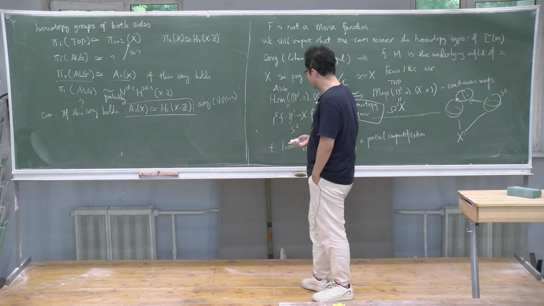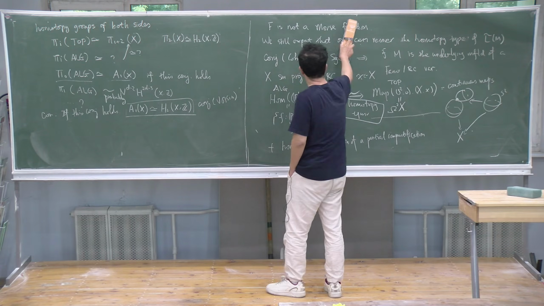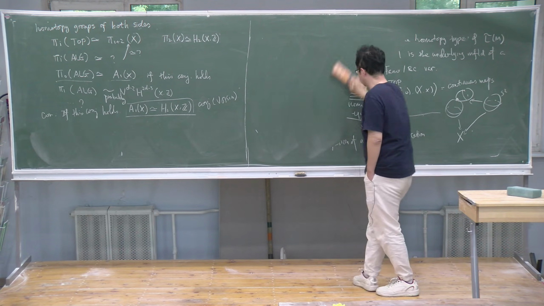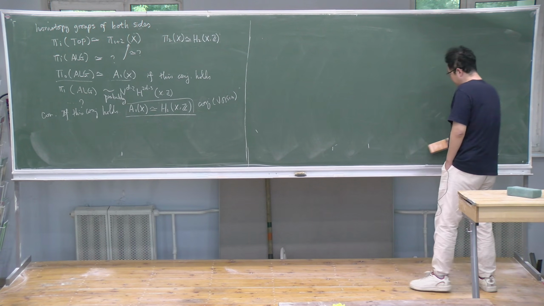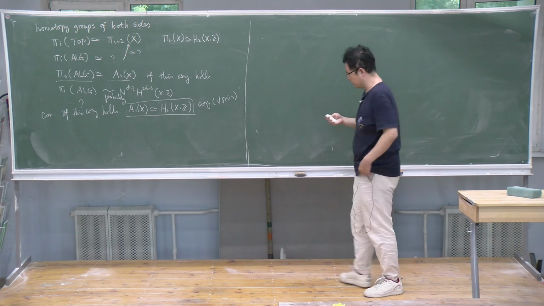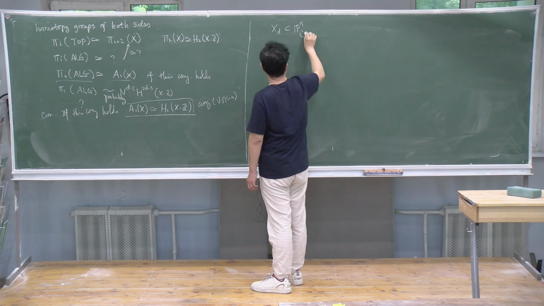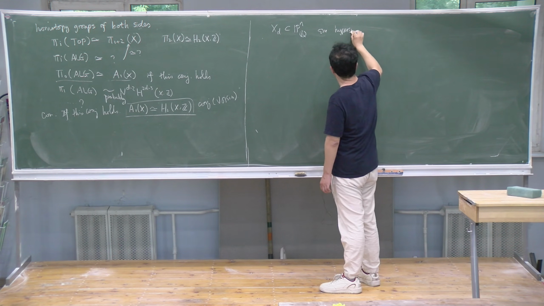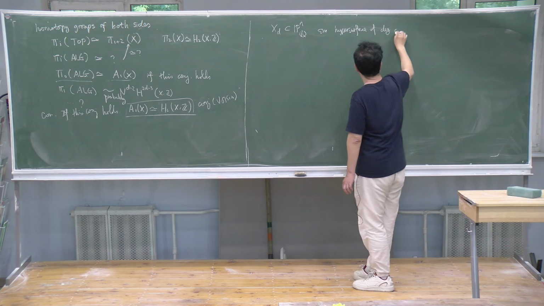And then the second thing I want to talk about is a heuristic, again a heuristic. This might be due to Manin, but I don't know. So let's say X_d inside of P^n over Q. This is a smooth hypersurface of degree d.